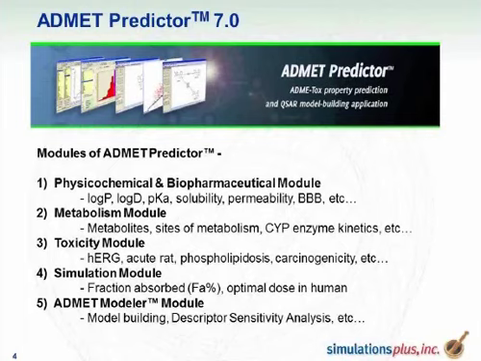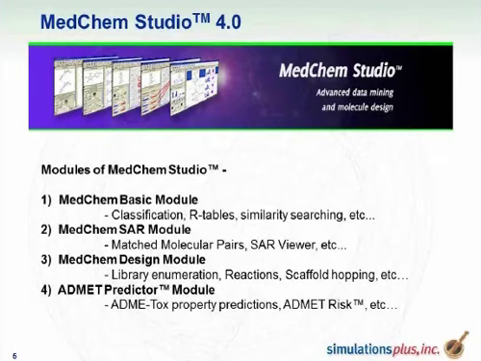The MedChem design module will allow you to do library enumeration, reaction designing, and to be able to perform functions such as scaffold hopping. MedChem Studio also comes with the ADMET Predictor module, which will allow you to do ADMET property predictions and also to estimate ADME risk. ADME risk is a proprietary set of rules which you will see more in Mike's talk.